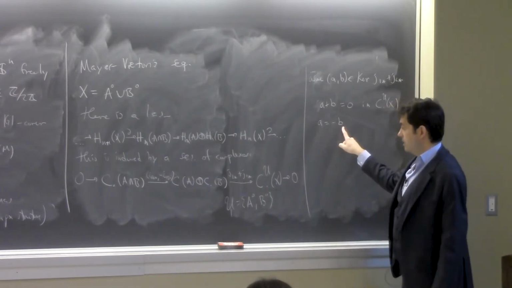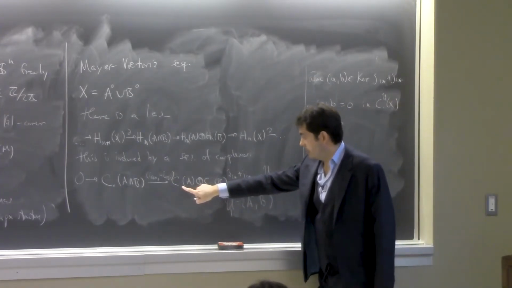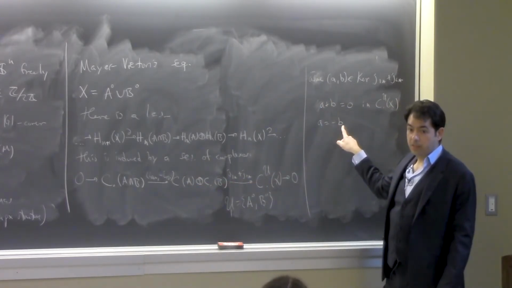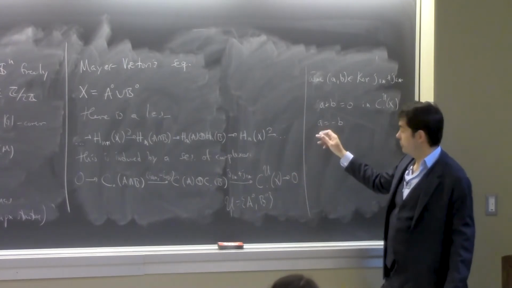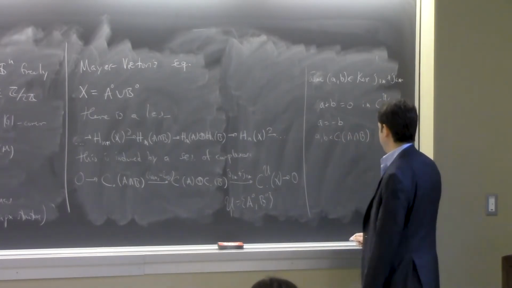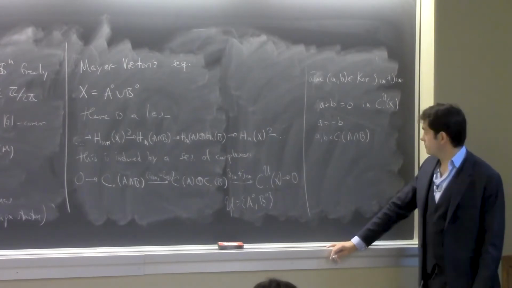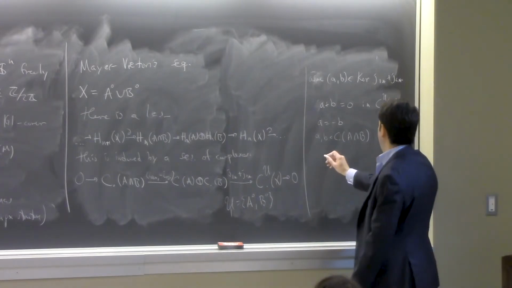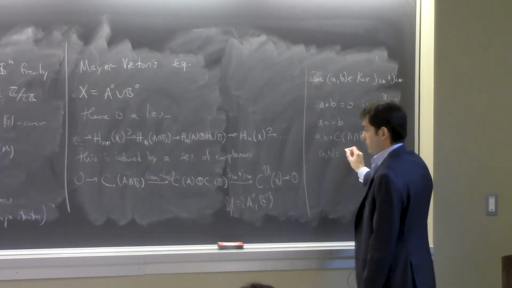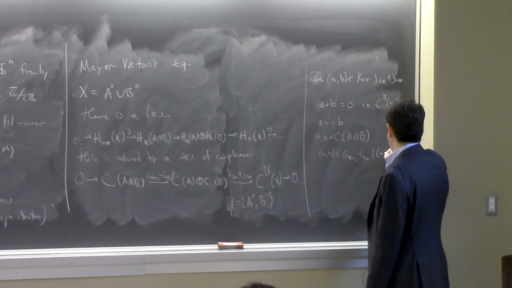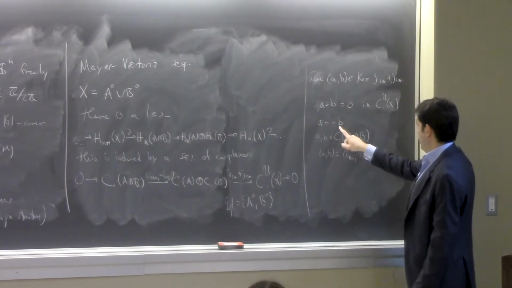So if a is equal to minus b, then a, which lives in C star A, also lives in C star B. And b, which lives in C star B, also lives in C star A. So that means that actually a and b are chains contained in the intersection of A and B. And so (a, b) is just this map i_A star minus i_B star applied to a, because that's the same as minus b.